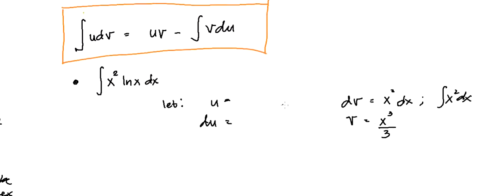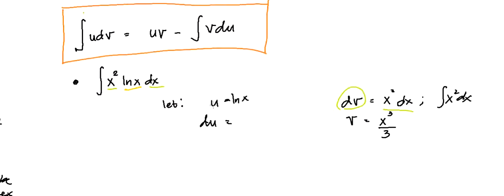Since we let our x squared dx as dv, what we have left in our equation is the ln of x. So we will let our ln of x equal to u.